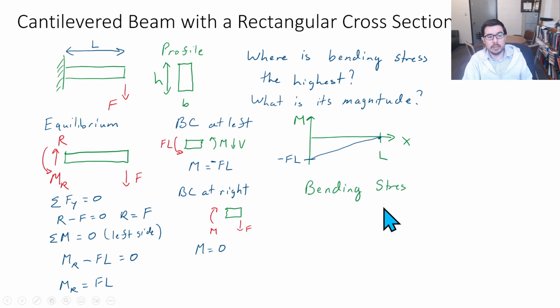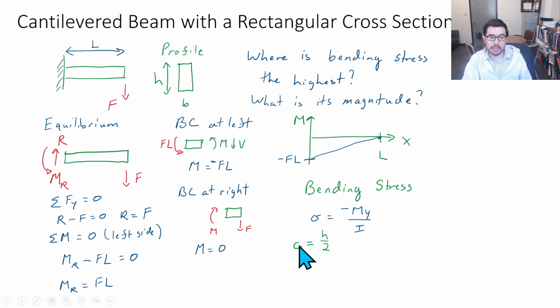The bending stress is given by sigma equals negative My over I. And we know that these bending stresses are going to be maximums at the top surface and the bottom surface, up here or here, right? So what is that? That's y equals h over 2, half the thickness from the neutral axis. And now we want to figure out where along the beam we're going to have the maximum moment.